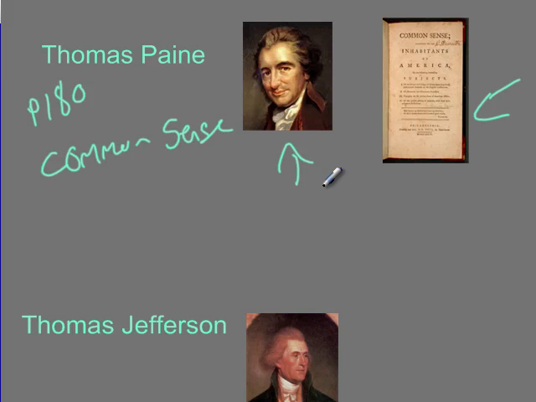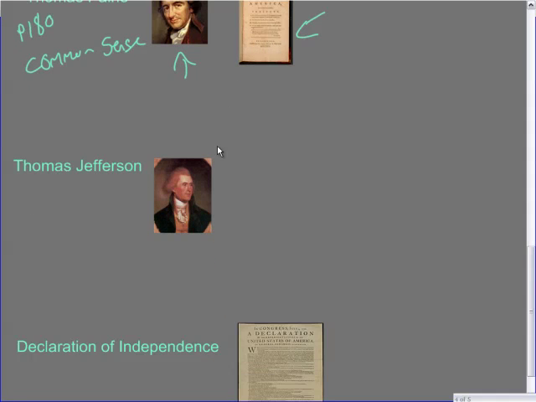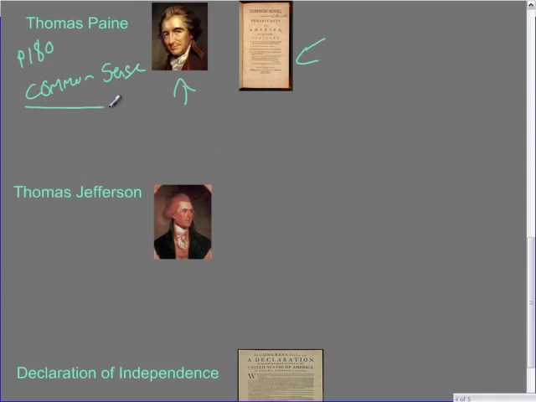He's basically saying, it's common sense that we should do this. It makes perfect sense. It's a no-brainer. And people start reading this pamphlet and they start realizing, maybe it is time for us to follow our own destiny. Maybe it is time for us to break away. So, Thomas Paine, Common Sense.